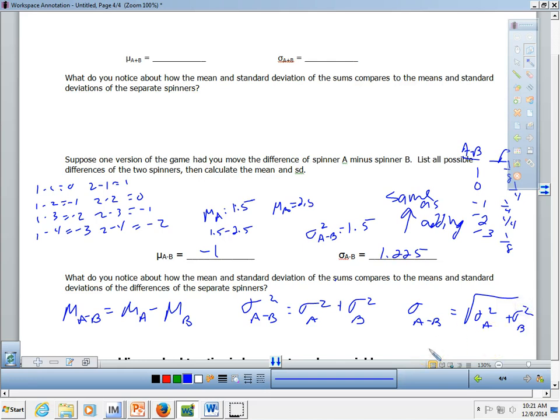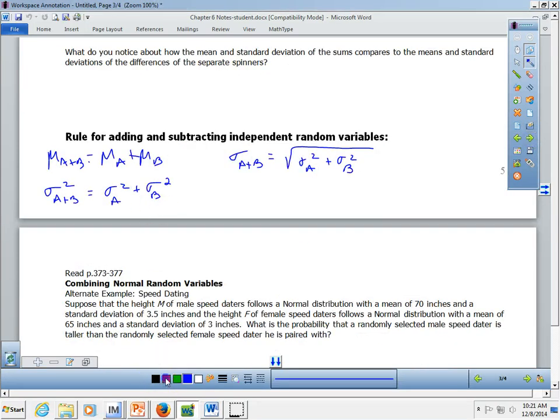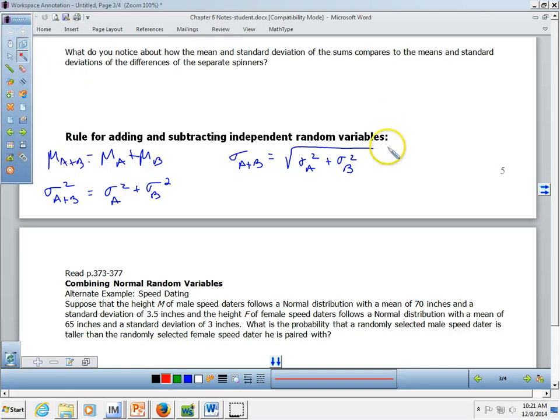So we've developed some rules for when we subtract two random variables as well. And those rules are, all right, so these are your adding rules, your subtracting rules. They become exactly what we just wrote down. I'll put them down here in the same space. If you don't want to rewrite them, you don't have to, but I will. Variances still add.